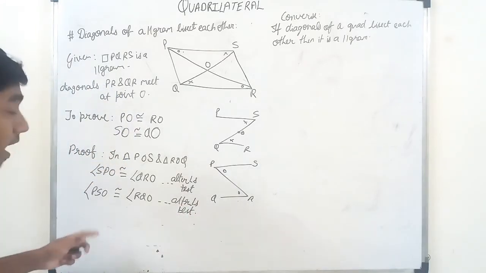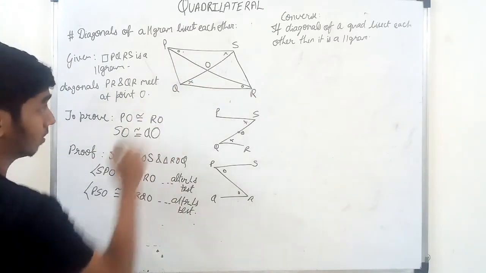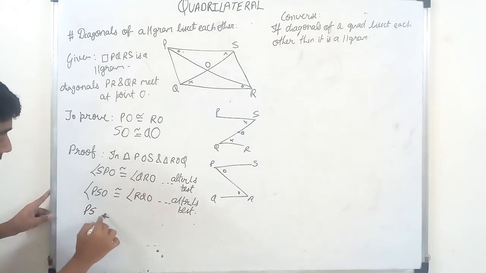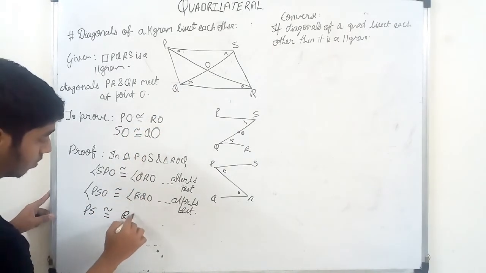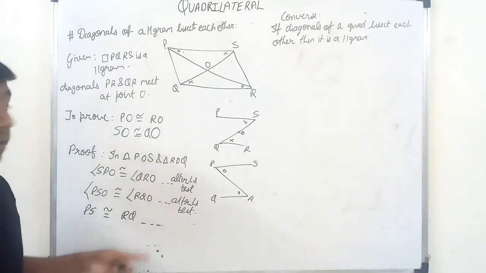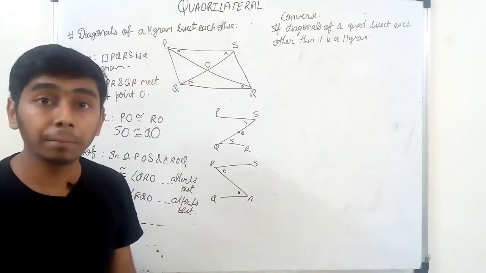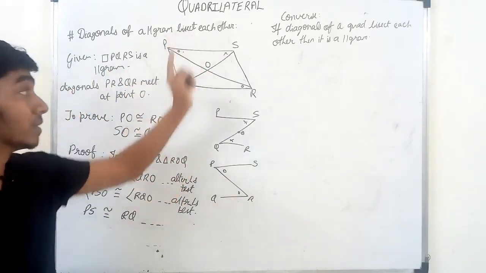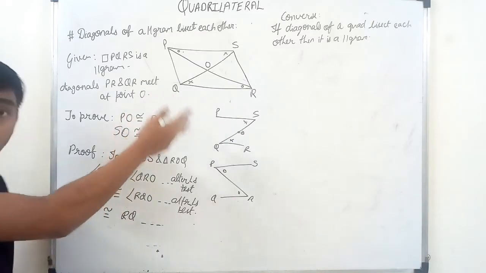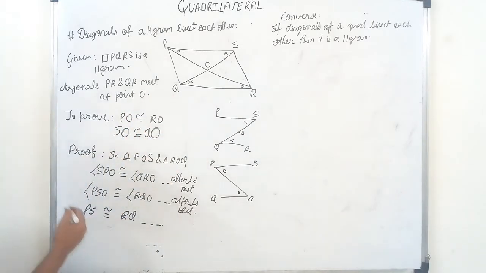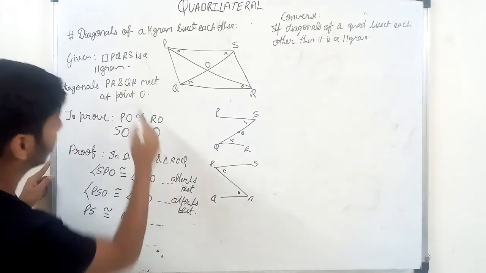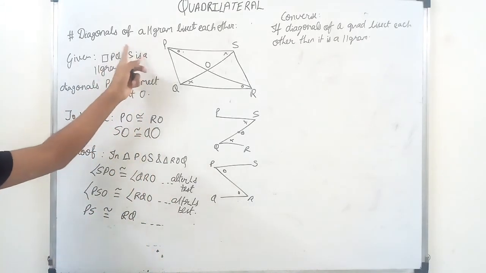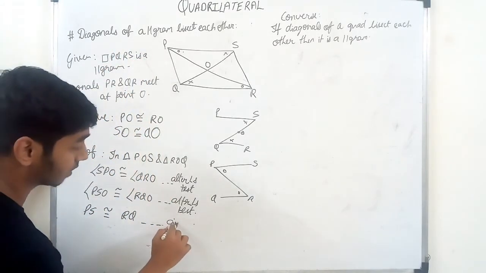Yes or no? And the last one we can say PS is congruent to RQ. Why? Because this is a parallelogram, and if it is a parallelogram, then opposite sides are congruent. So because it's a parallelogram, this is given.